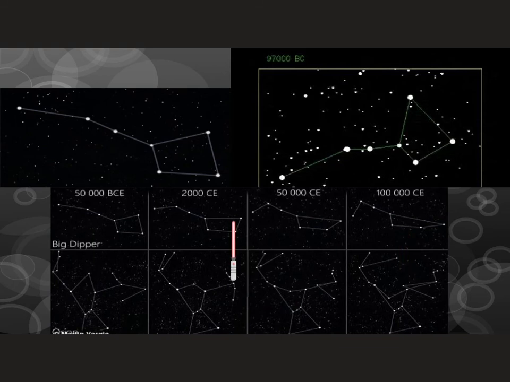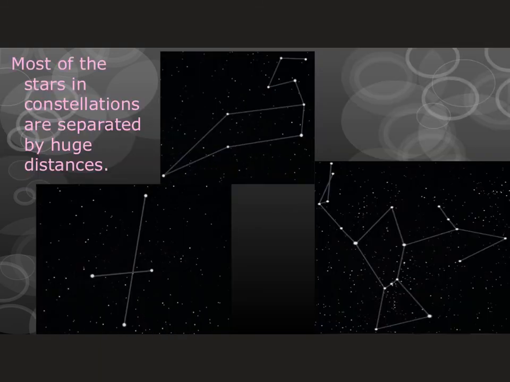This is around our time. This is about 50,000 years from now. This is about 100,000 years from now. You can see that these things will become very distorted over time. Look at the Archer here, how it's going to change. And we only know that they're going to change because we know their stellar distances now, right? That's kind of interesting.